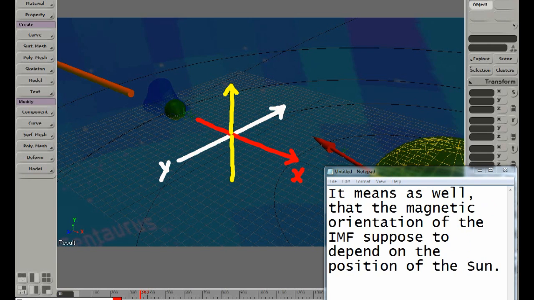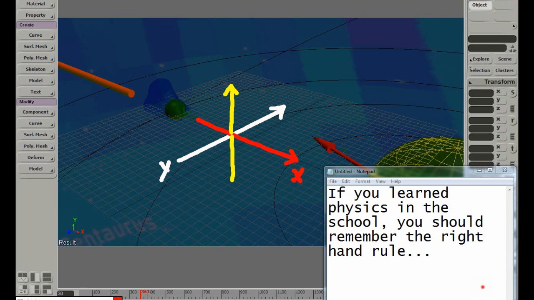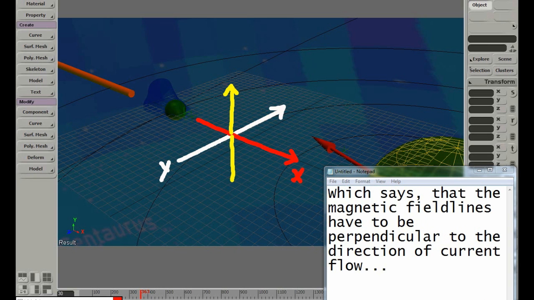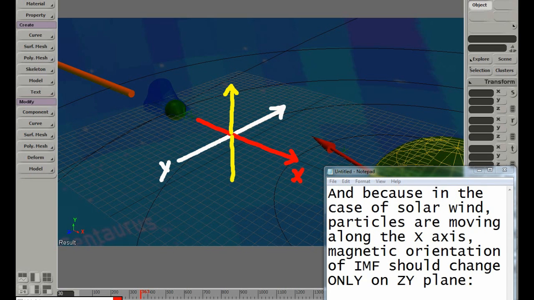It means as well that the magnetic orientation of the IMF is supposed to depend on the position of the Sun. If you learned physics in school, you should remember the right-hand rule, which says that the magnetic field lines have to be perpendicular to the direction of current flow. And because in the case of solar wind particles are moving along the X-axis, the magnetic orientation of the IMF should change only on the ZY plane.